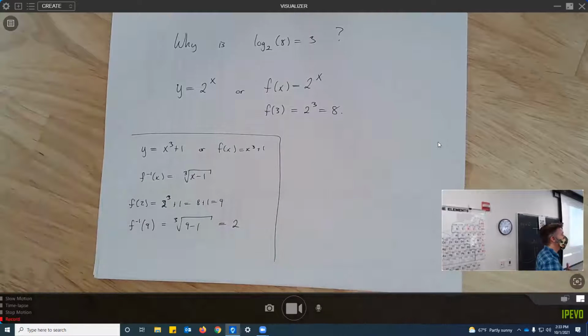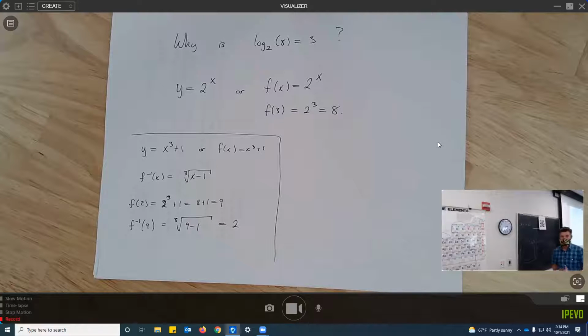That's the whole deal about inverse functions. They interchange the role of the inputs and the outputs. So if a function takes an input to a specific output, the inverse function exactly undoes that and takes that output back to that same specific input. But now the roles are reversed. For this function, the input is 2 and the output is 9. For this inverse function, the input is 9 and the output is 2.